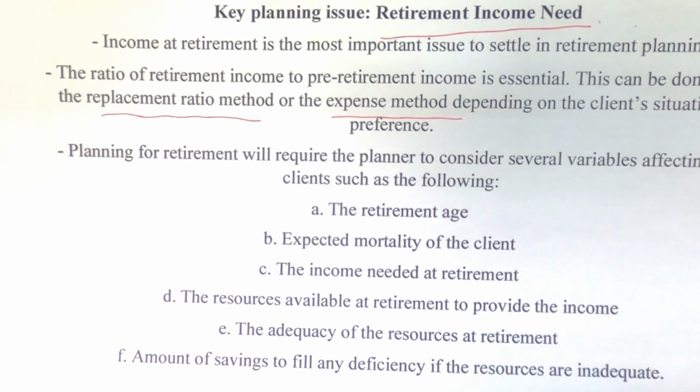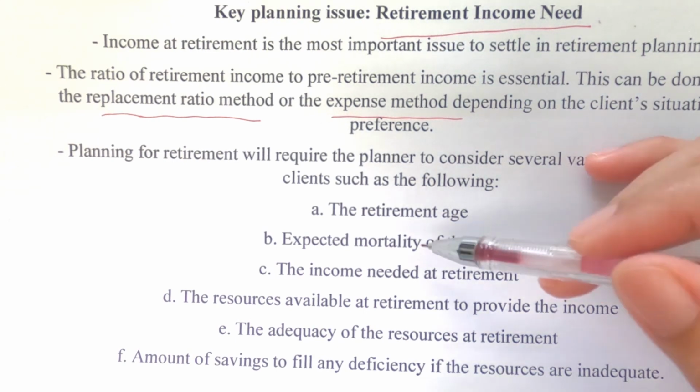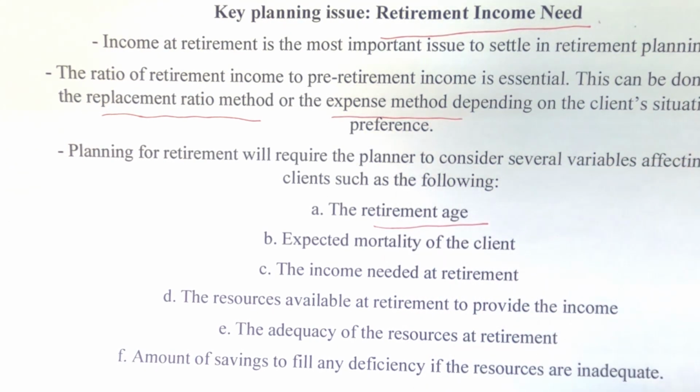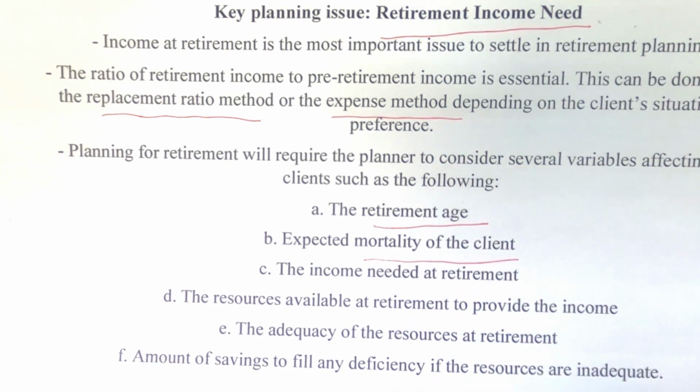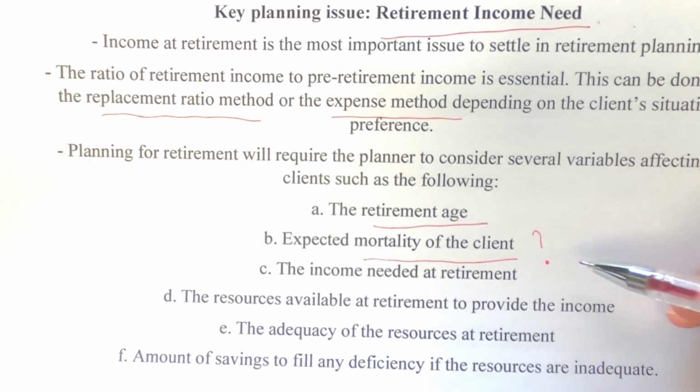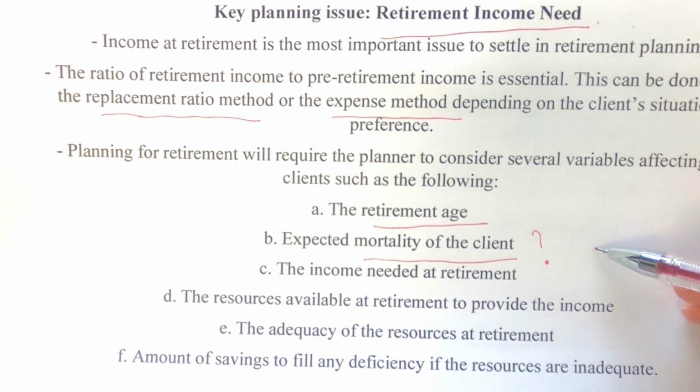Planning for retirement will require a planner to consider several variables affecting the client. For example, the retirement age, meaning at what age you want to retire, and the expected mortality of the client, meaning how long you will live. This is something very difficult because we are not sure at what age we will die.